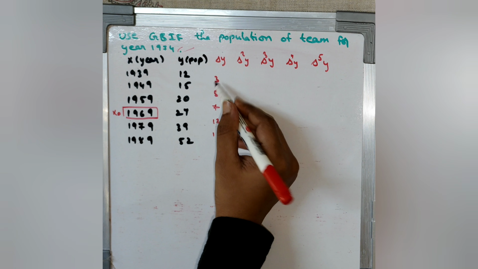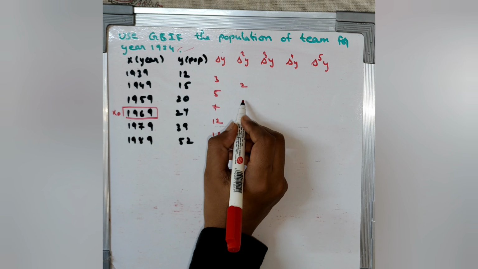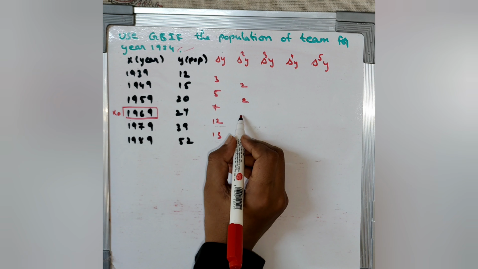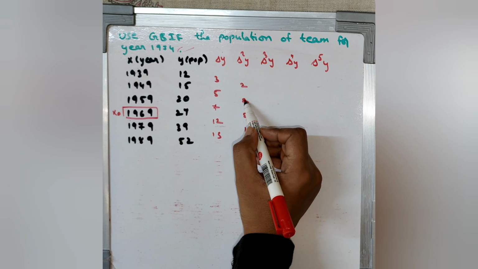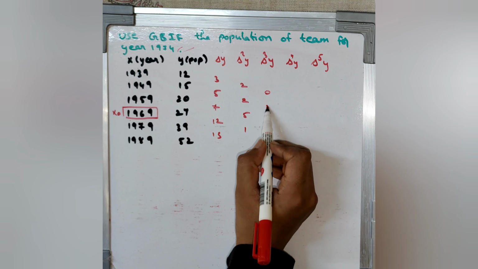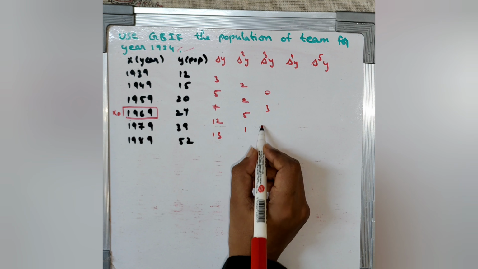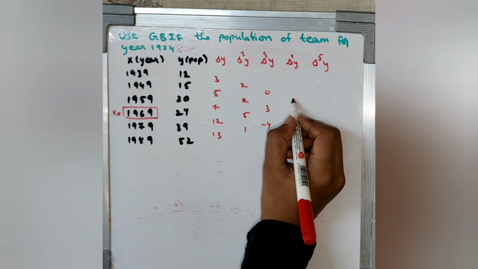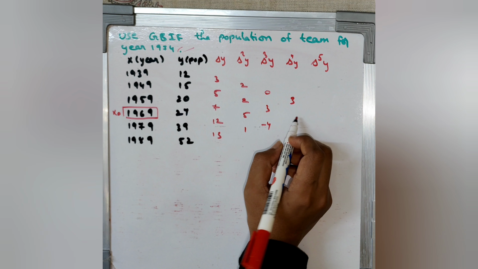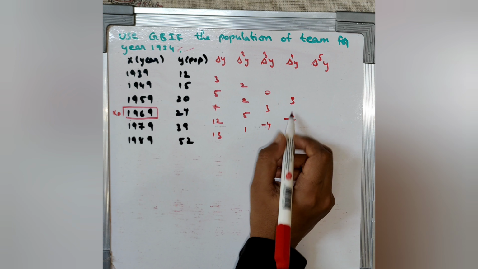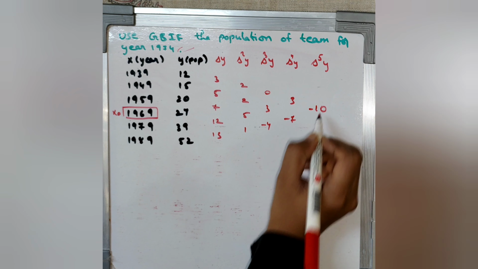Again subtract: 5 minus 3 is 2, 7 minus 5 is 2, 12 minus 7 is 5, and 13 minus 12 is 1. Again subtract: 2 minus 2 is 0, 5 minus 2 is 3, 1 minus 5 is minus 4. Then 3 minus 0 is 3, minus 4 minus 3 is minus 7, and minus 7 minus 3 is minus 10.